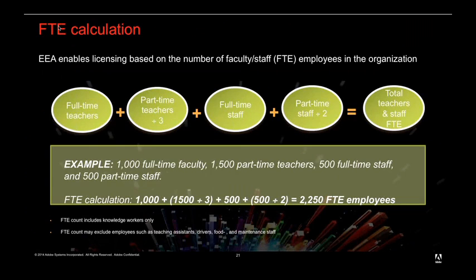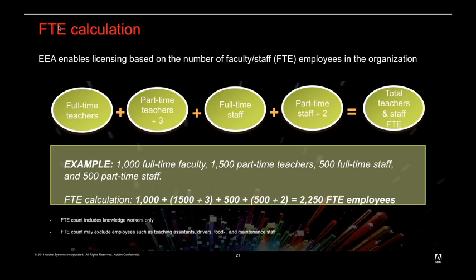Then you need to calculate the full-time staff, and the important thing here is we exclude non-knowledge workers, so catering, security, gardening, anybody that's not accessing the network you can remove from the FTE count. And any member of staff that works 200 hours a year or less will be classed as part-time staff and half an FTE. And here's probably the biggest piece of information around the FTE calculation.